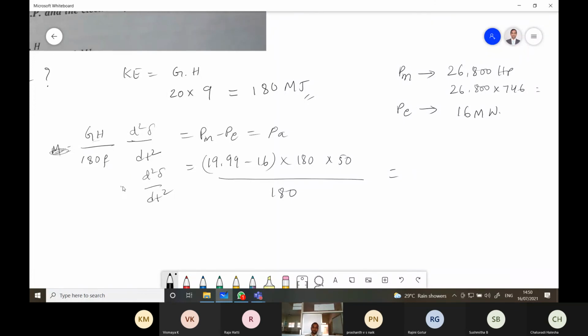That is the alpha. 199.95, sir. 199.5 electrical degree per second square. Okay.